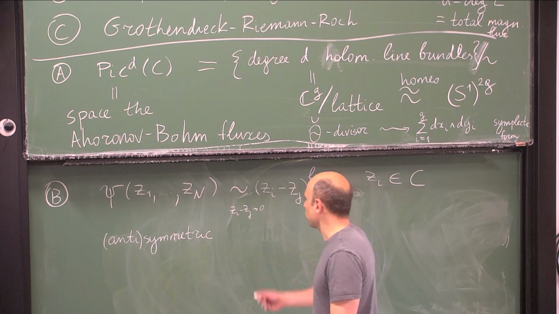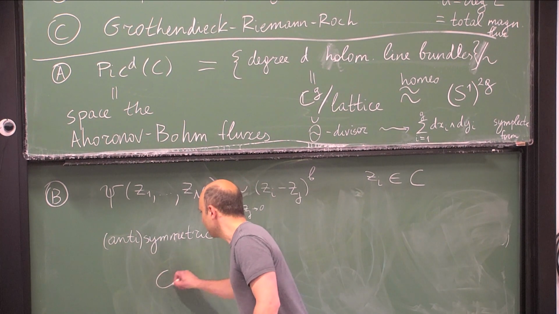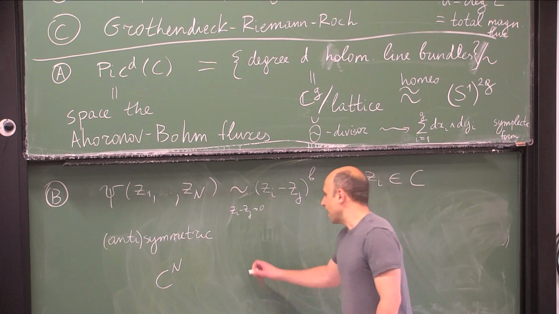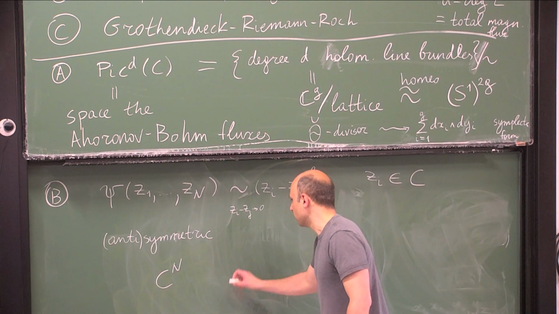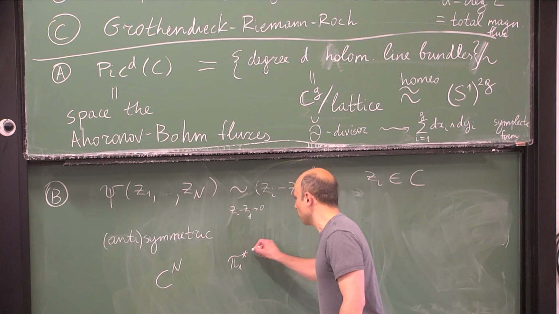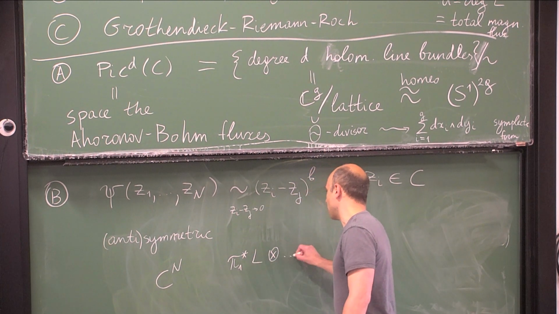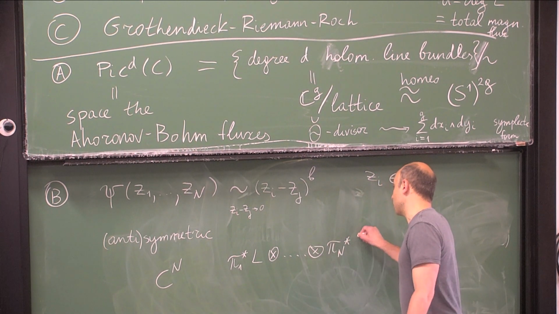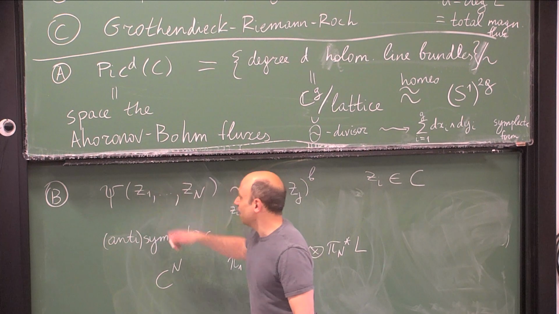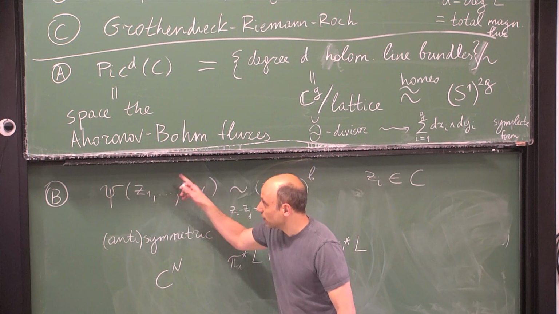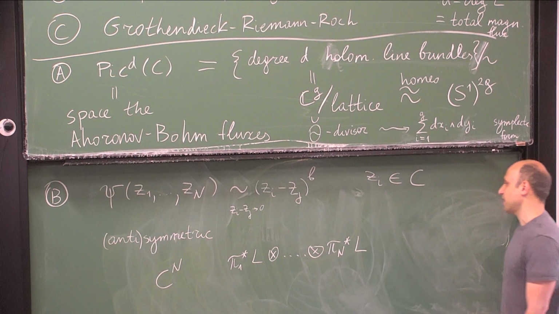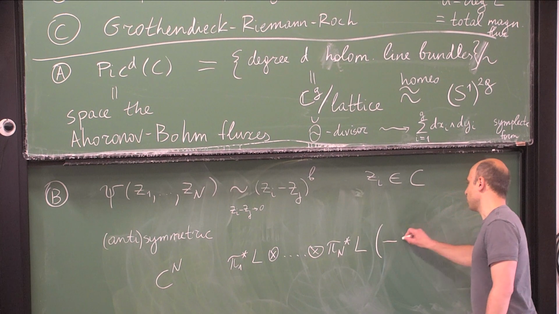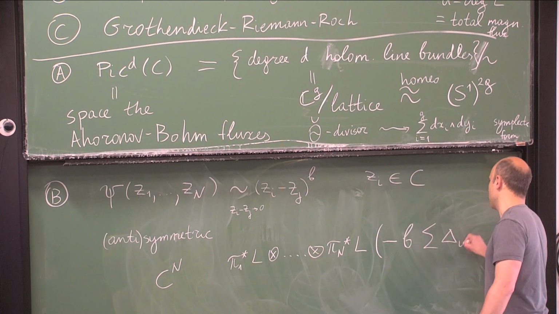So first of all we can look at C to the power n, the nth power of the surface, and then we have the line bundle. We pull back L from all copies of C. That means that psi, if you look at how psi varies in one of the i's, is a section of L. And if we want to impose zeros, we subtract some of the diagonals.